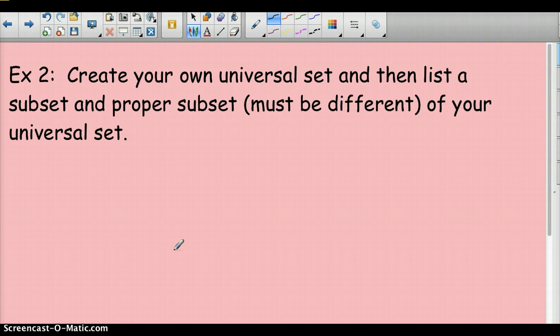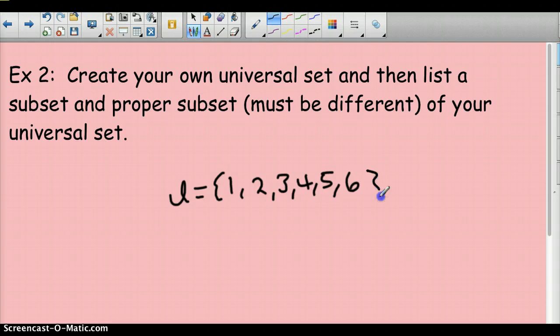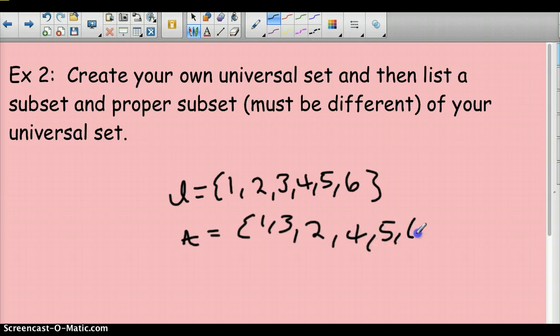And we'll create one more example here to make this work. We have universal set U, which is 1, 2, 3, 4, 5, and 6. Now, we have set A. Set A is 1, 2, 3, 4, 5, and 6.